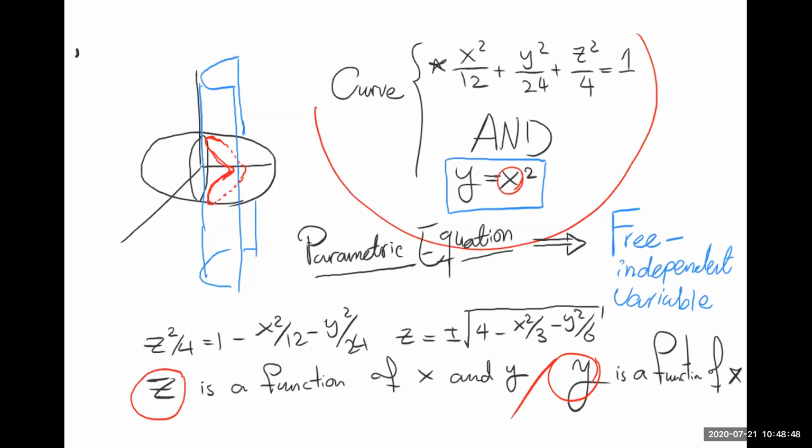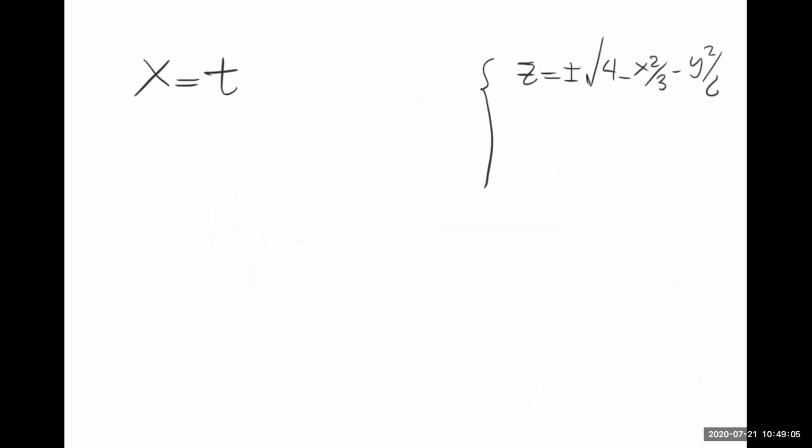So when we find the free variable, we set that free variable to be equal to time, t. Okay, so our equations, one of them is z equals plus minus the square root of 4 minus x squared over 3 minus y squared over 6, and the other one is y equals x squared. So if x is equal to t, what is y? Well, x is equal to t, y is equal to x squared, so y is t squared.